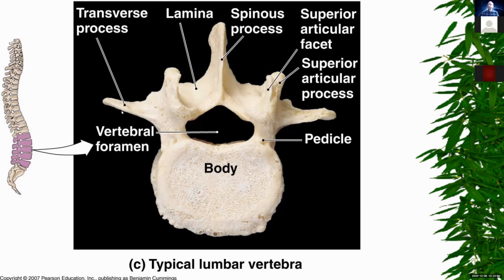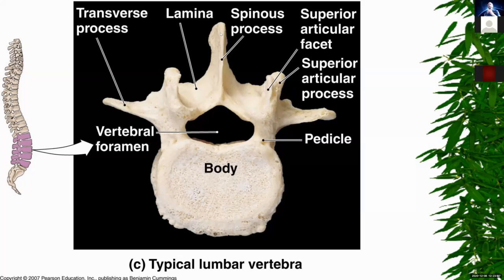The transverse processes go off to the side. They're transverse, and they actually hold on to muscles along with the spinous process. In between these two bony outgrowths, which when we have a bony outgrowth, we call it a process, the muscles pull either forward, backwards, left, right on the vertebrae themselves.